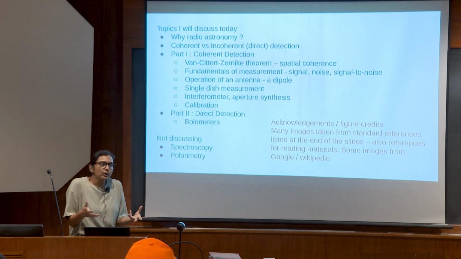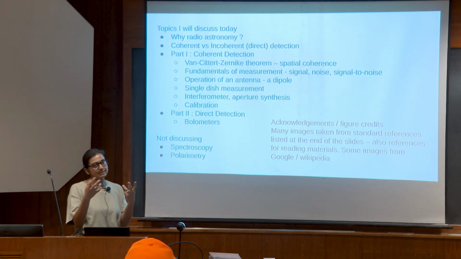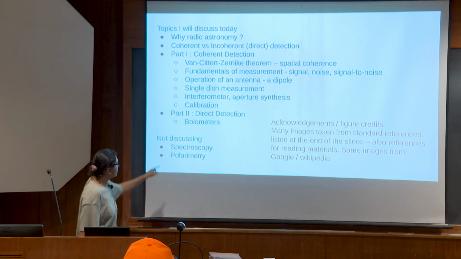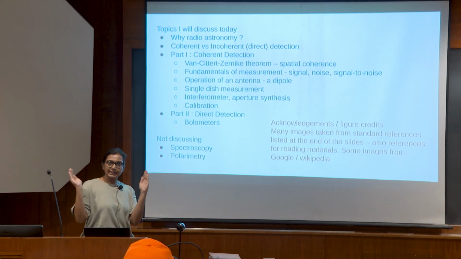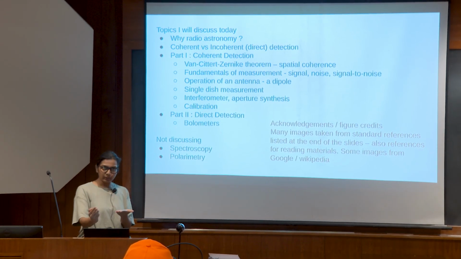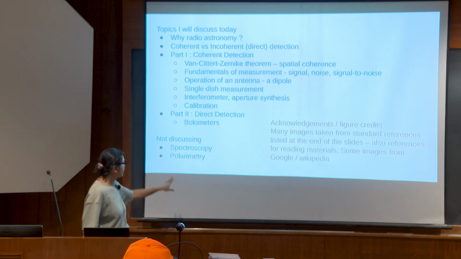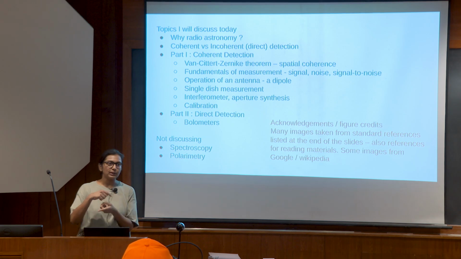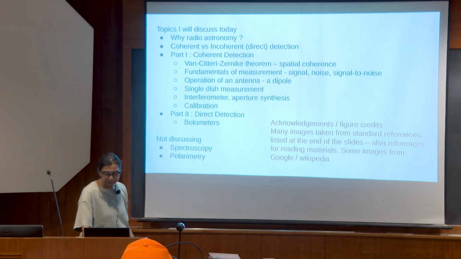And just because it's an electric field, it has properties: it has polarization, it has intensity, and it has some dependence on frequency. Okay, so trying to split a signal you get into multiple frequencies and studying that to understand something about the source is spectroscopy. And polarimetry, as the name suggests, is you do something to understand the polarization of the source, okay? But we will not touch those things today.